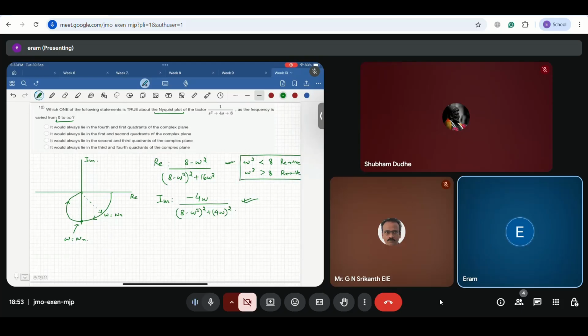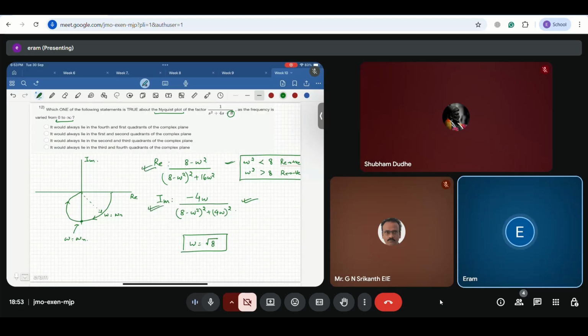So there is a transition at omega equals root 8, which is nothing but the natural frequency. So from here also you can conclude the same thing.